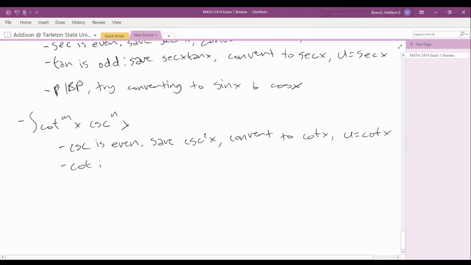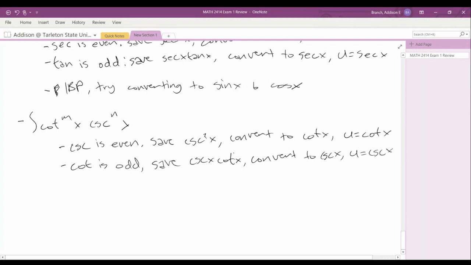If cotangent is odd, save a cosecant cotangent, convert to cosecant, and once again do a u sub.